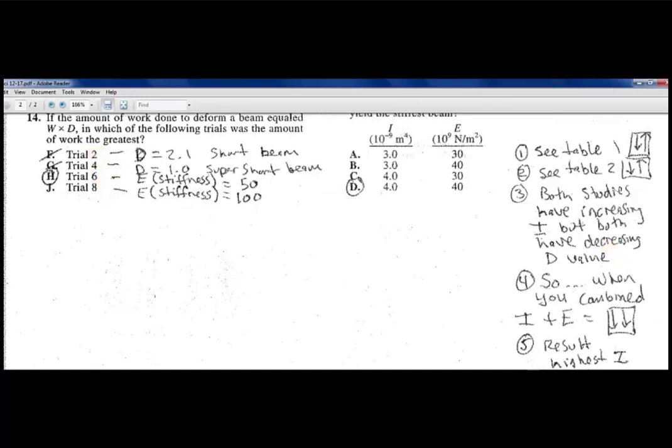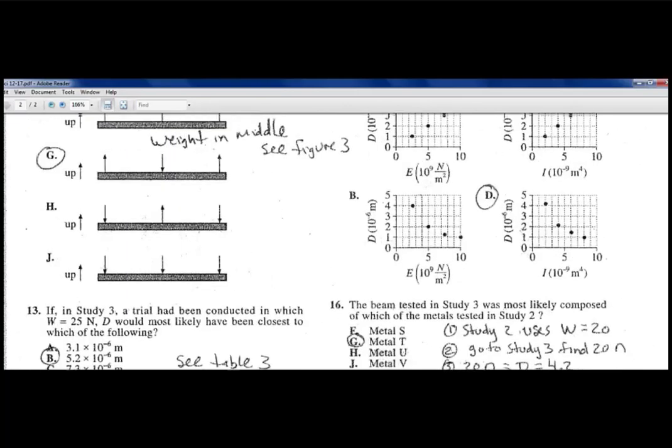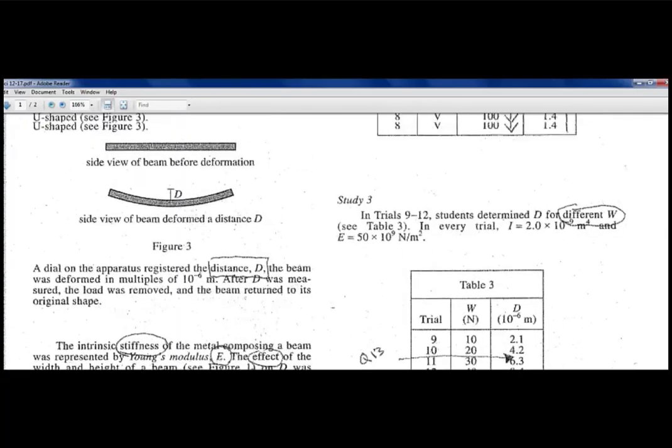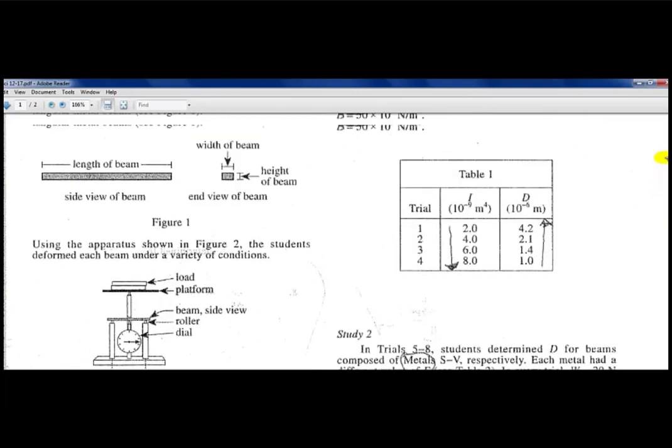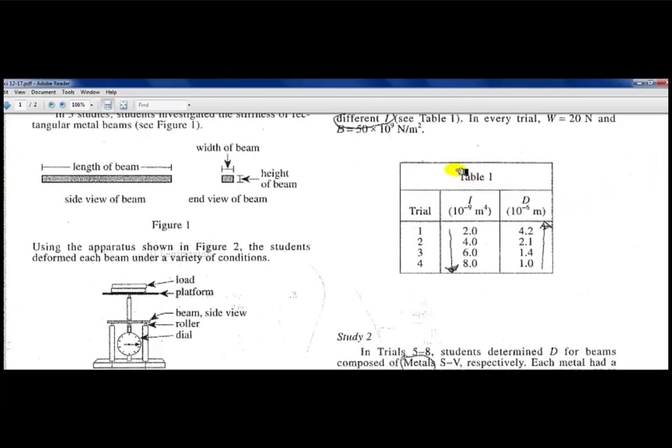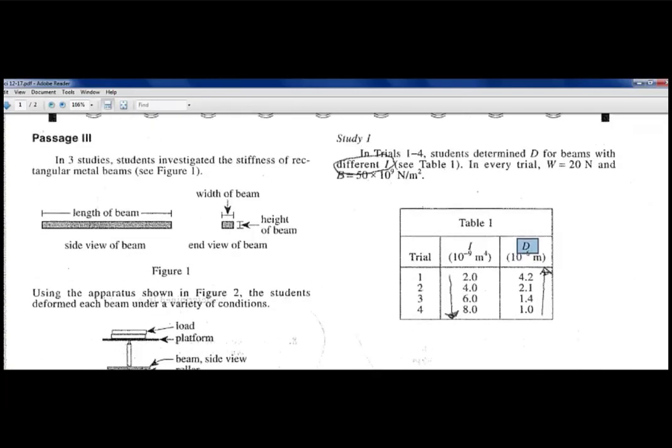So right away, if you look and find where experiments 2 and 4 are, you'll see that they are in study 1, and we can locate that information in table 1. Here's table 1, and here is trial 2 and trial 4, and we're dealing with I, and we are dealing with D. So let's go ahead and remember what I and D are.